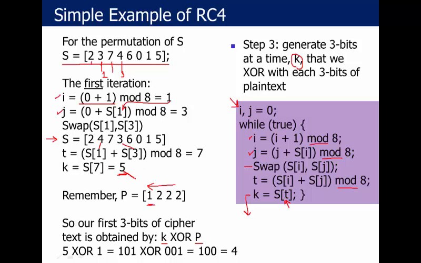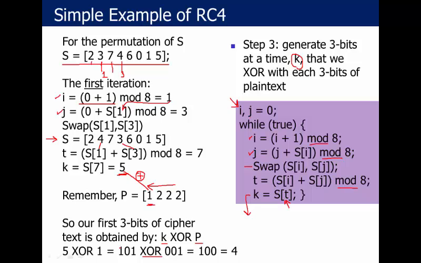So these two together, we need to do exclusive OR. 5 and 1 are exclusive ORed, which means bit by bit.